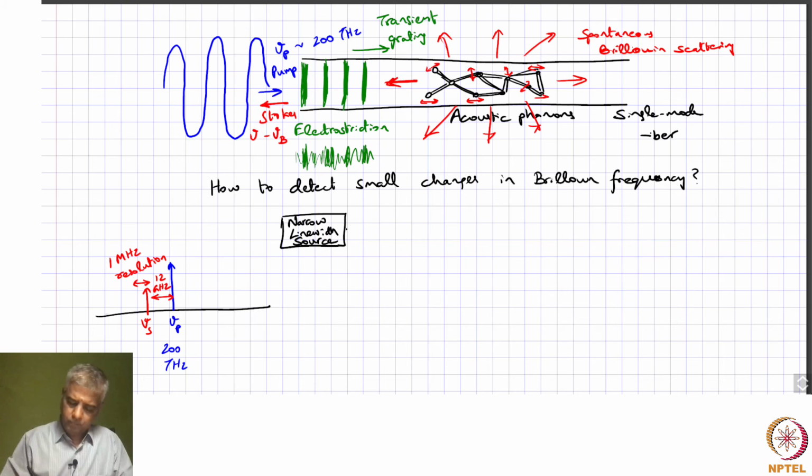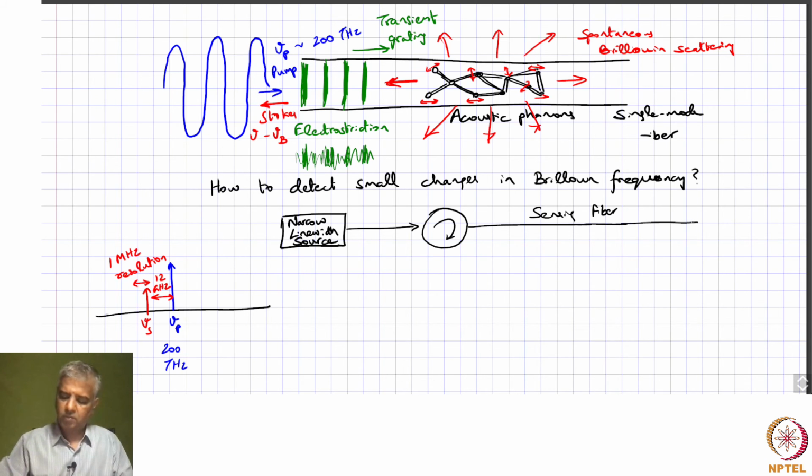So, we are talking about sending this narrow linewidth source in through a circulator into this test fiber. This is basically your sensing fiber, which for the bridge monitoring application, you might want to have implemented all across the length of the bridge. Okay, and then you are looking at the backscattered Stokes wave, right?